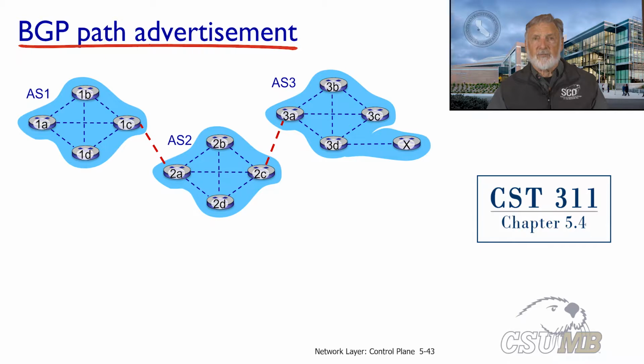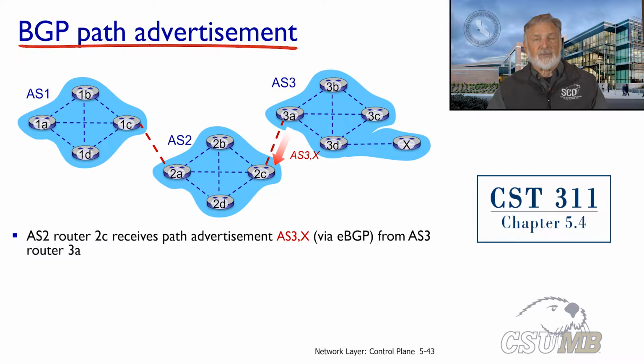Back to our diagram, we see an example of how policy affects the routing. Through eBGP, the AS3 gateway router 3D advertises a path to router X that is received by AS2 gateway router 2C.